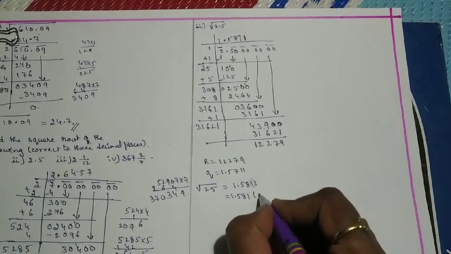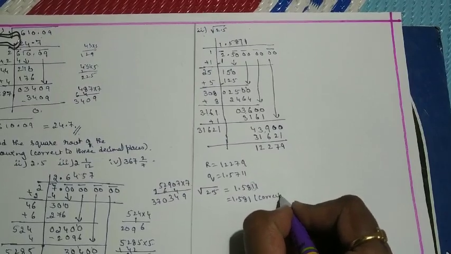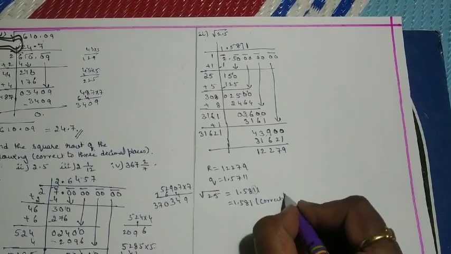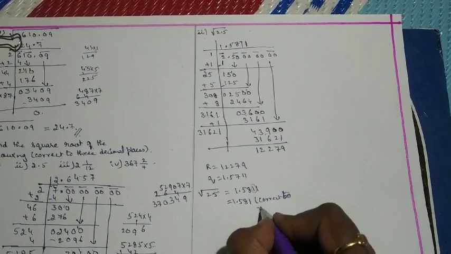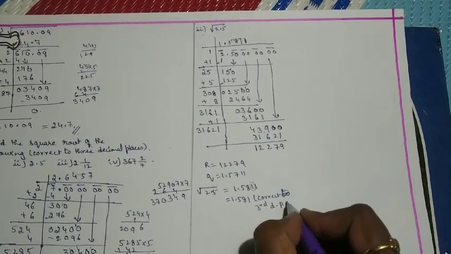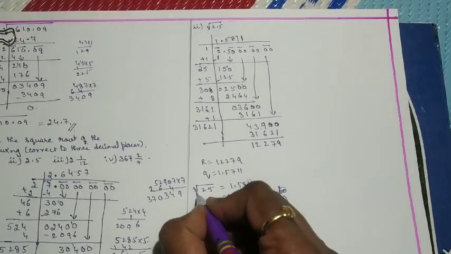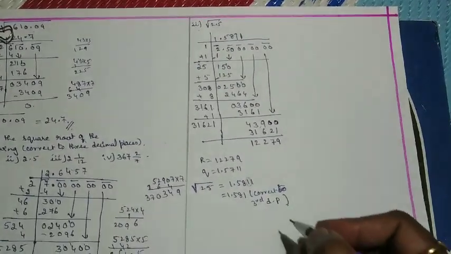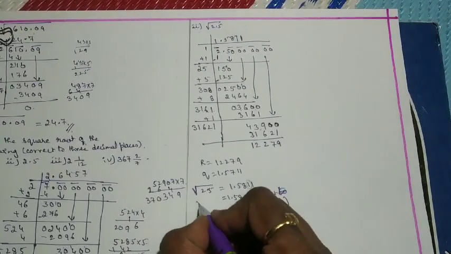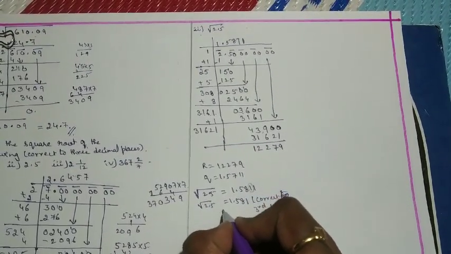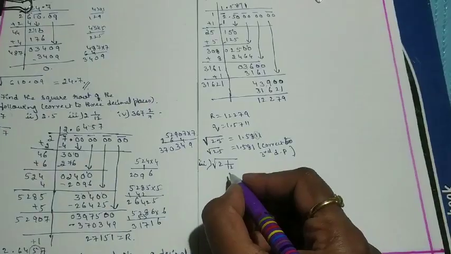So here we can write it as correct to third decimal place. The answer of the square root of 2.5 is 1.581.